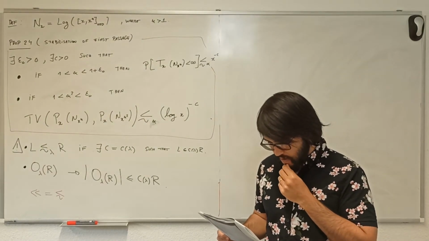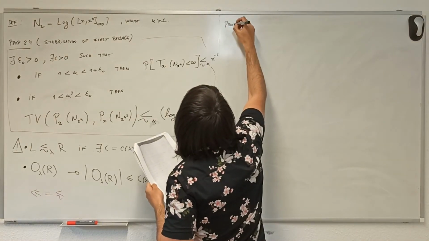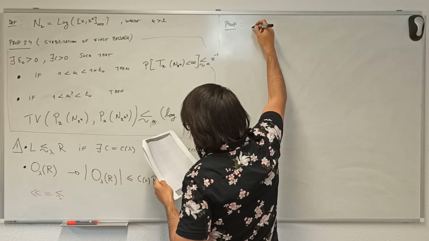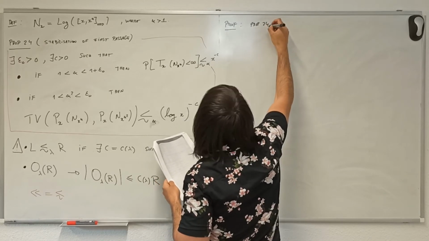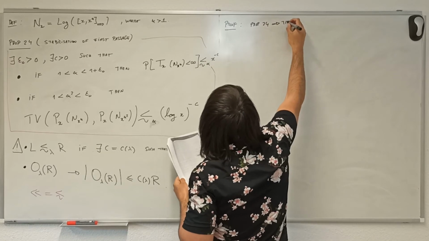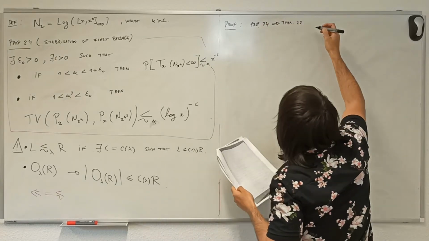Okay, so let me prove that proposition 24 implies theorem 22. So what's theorem 22, just to recall?